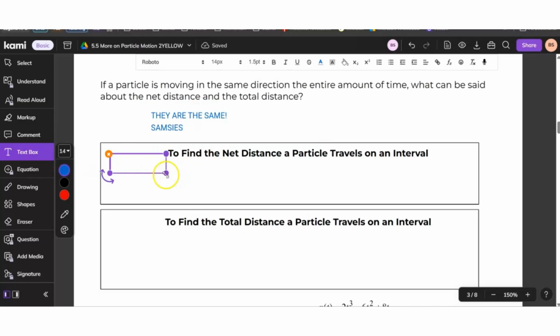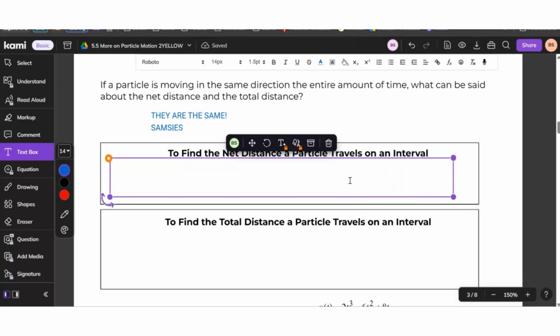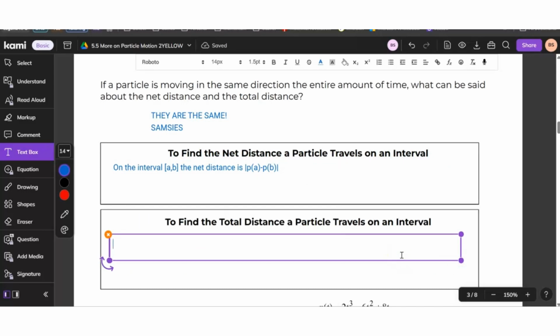All right, now, to find the net distance a particle travels on an interval, on the interval AB, closed interval, I should say, the net distance is the absolute value of P of A minus P of B, absolute value.